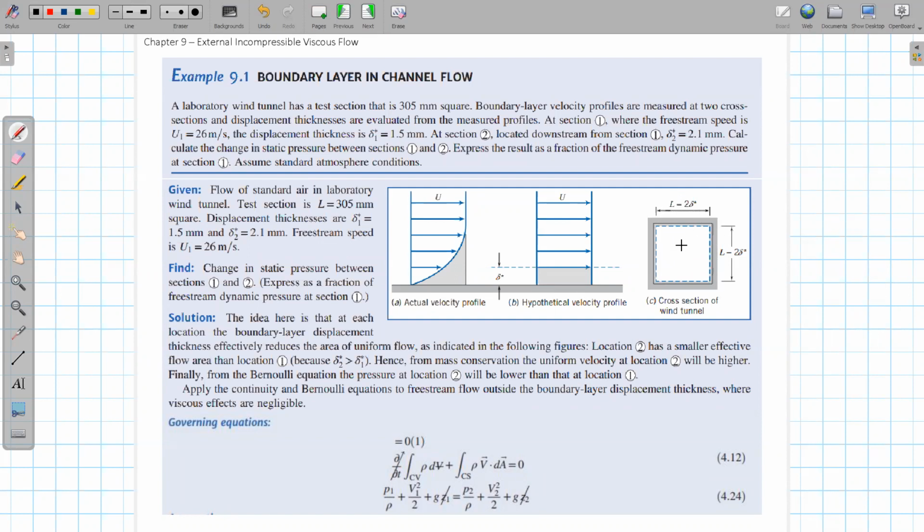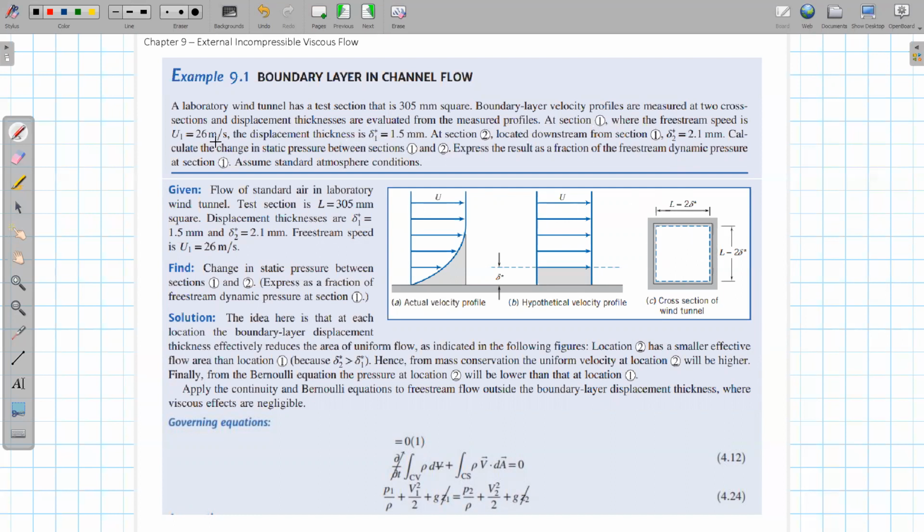so that the major region inside this channel will be inviscid flow, and we only have the shear stress, the boundary layer, in the region very close to the wall. And we have two section points here. On the first section, we know the displacement boundary layer thickness, and what the free stream velocity will be in this region, right?